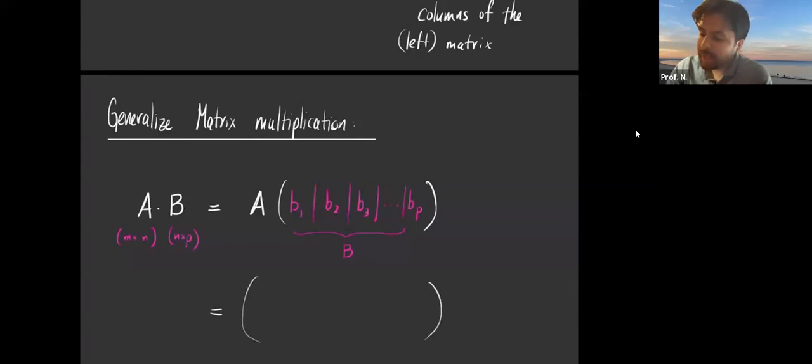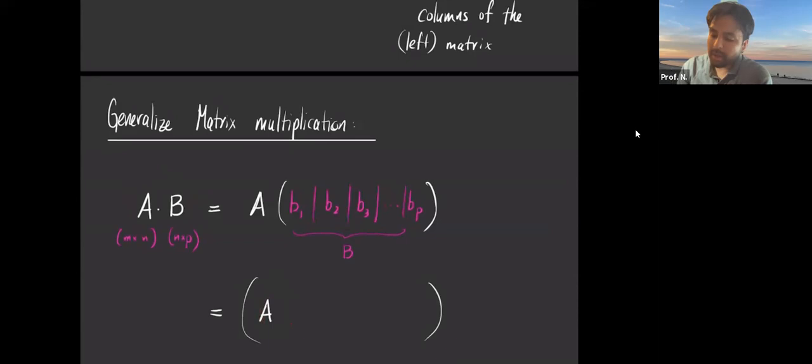So I'm considering this matrix multiplication as what? The result is, if I take the matrix A, the first column of my product of A and B is the same thing as taking the matrix A and multiplying it with the column vector B1. When I perform this operation, I get the first column of my product.